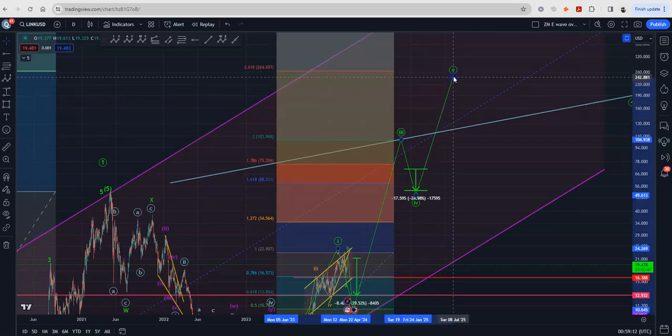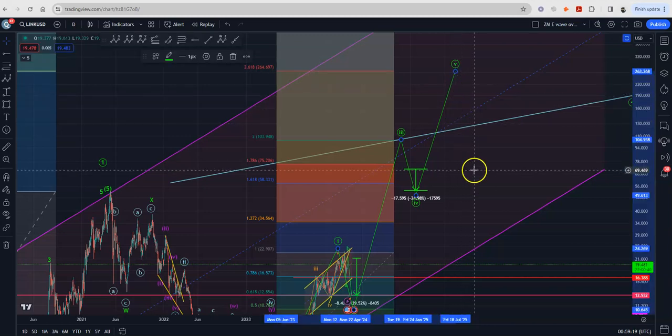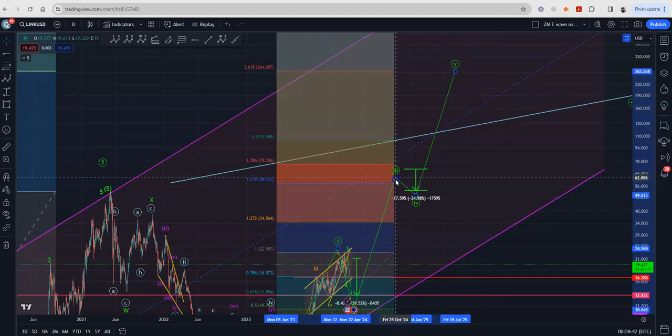So this is the target if it gets pretty crazy. And then you expect a severe rejection for wave 1 of 3. And that's when the mega third of the third, the macro third of the third, happens right after that. But to keep things conservative, this is my estimation.